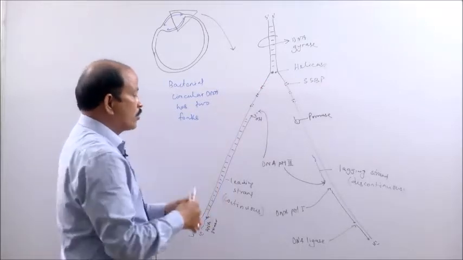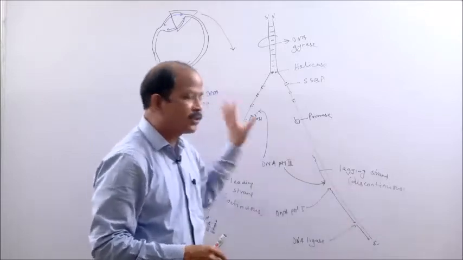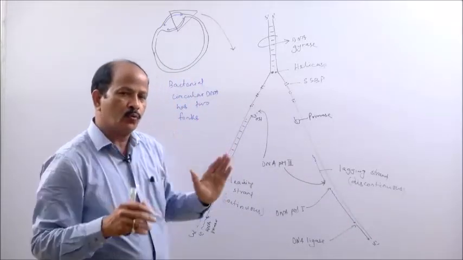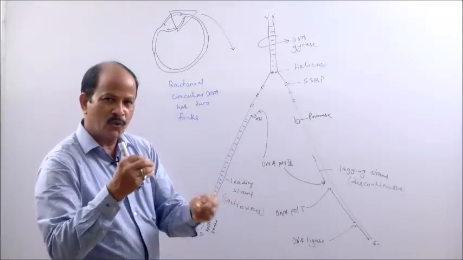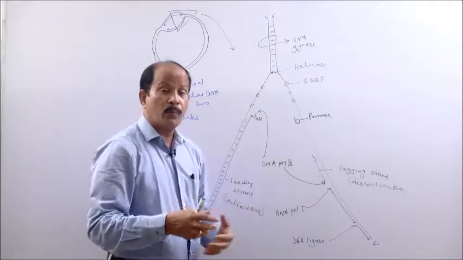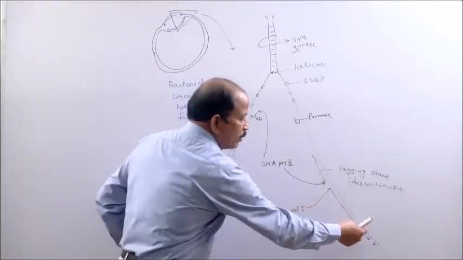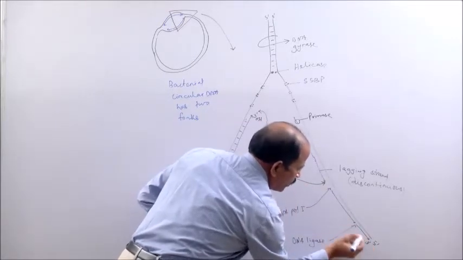Okay, but conversely, the other strand runs in 5' to 3' direction, and there are two important properties. One is complementarity, by which A pairs with T, G pairs with C, but another property is antiparallel. If one strand of DNA runs 5' to 3', definitely the other one should be like this.